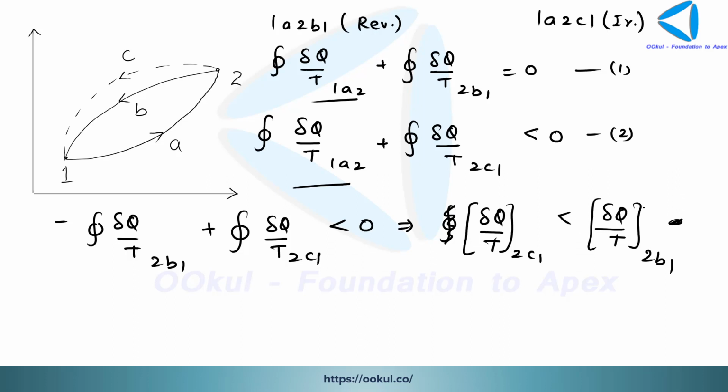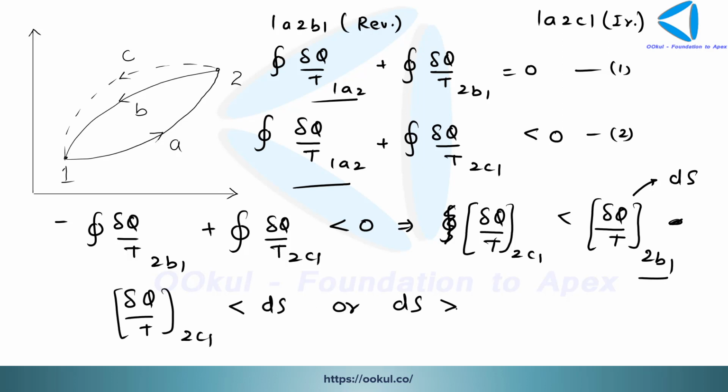Now we know that this is the path 2B1, a reversible path. So delta Q by T for a reversible path is the change in entropy. So delta Q by T along 2C1 is less than ds, or we can write that ds is greater than delta Q by T along 2C1.